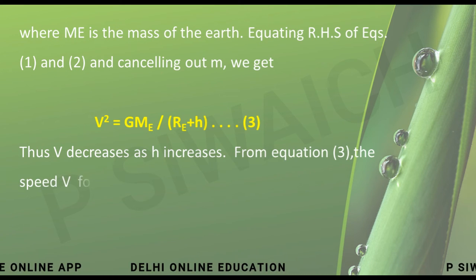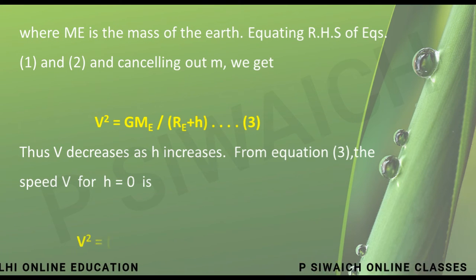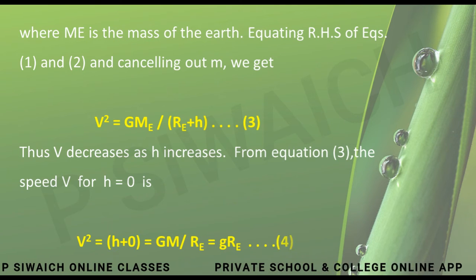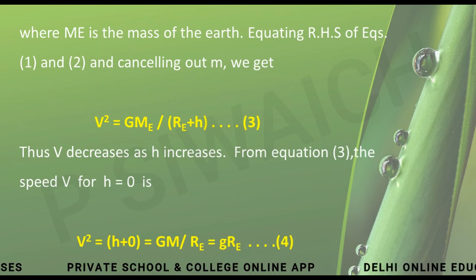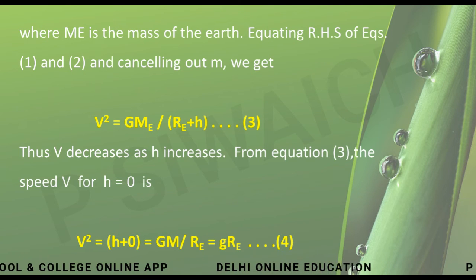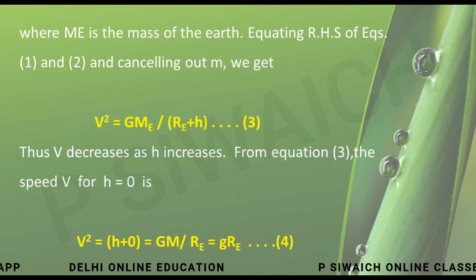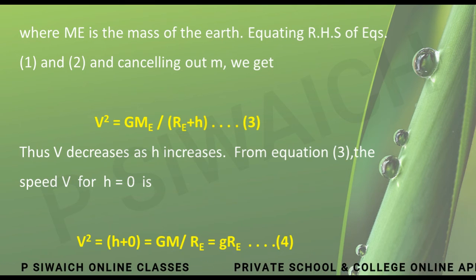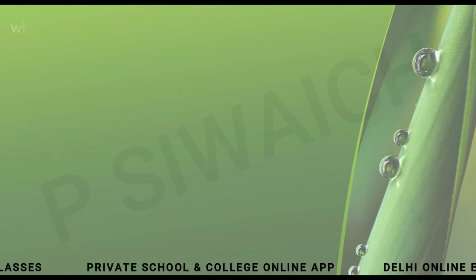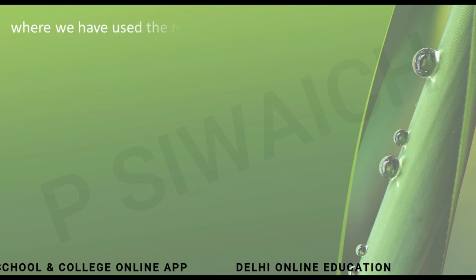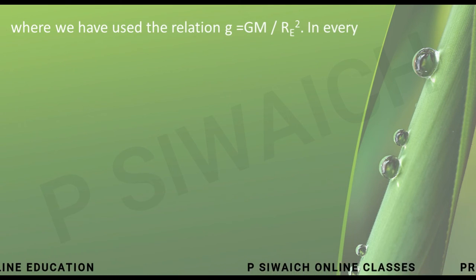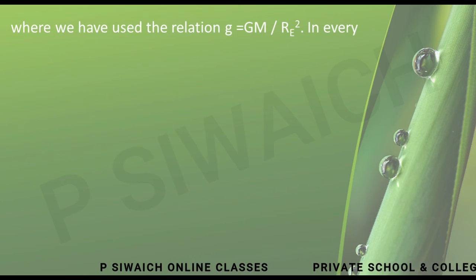From equation 3, the speed v for h equals 0 is v square equals G Me over Re, that is equal to small g into capital Re, that is equation 4, where we have used the relation small g equals capital G Me over Re square.